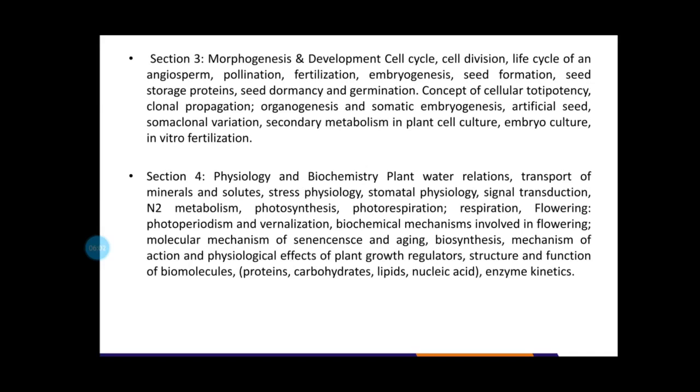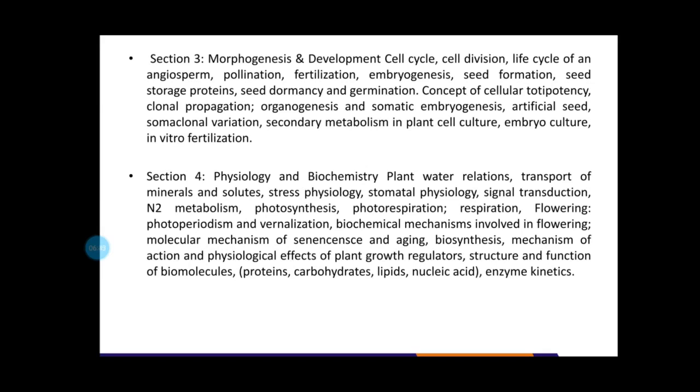We have the physiology and biochemistry of plant water relations, transport of minerals and solutes, stress physiology, stomatal physiology, signal transduction, nitrogen metabolism, photosynthesis, photorespiration, respiration, flowering, photoperiodism, vernalization, biochemical mechanism involved in flowering, molecular mechanism of senescence and aging, biosynthesis, mechanism of action and physiological effect of plant growth regulators, structure and function of biomolecules like protein, carbohydrates, lipids and nucleic acids.